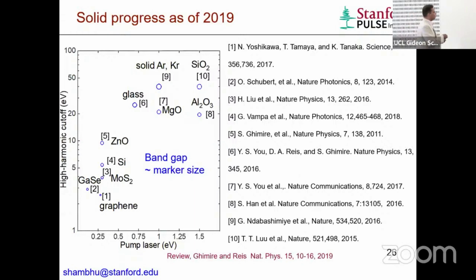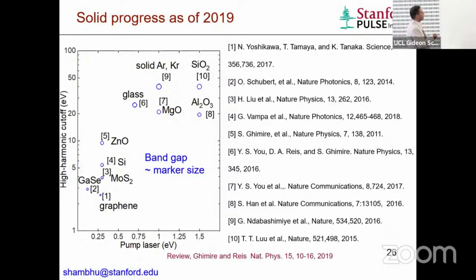If you take a look at this, these circles represent the band gap. For relatively large band gap materials like magnesium oxide, quartz, solid argon and such, you typically can work with the standard Ti:sapphire laser at 1.5 eV.